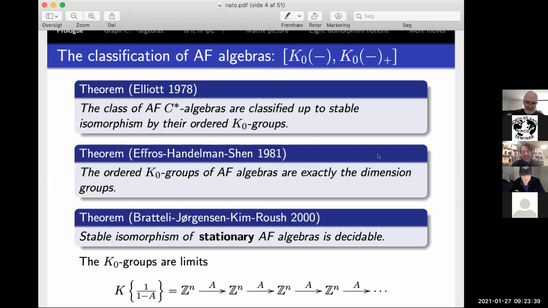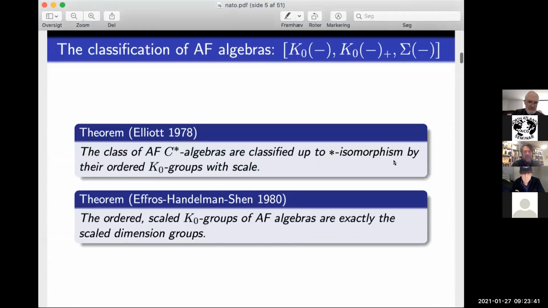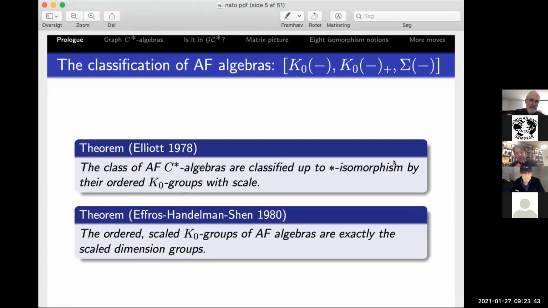Okay, great. So let me just point out that there's various ways that you can do classification of AF algebras. If you want them to be isomorphic, you need to throw in some more information, and usually that's done via the scale. That's just the collection of the elements in K0 that you get from the projections in the C-star algebra themselves. And actually, there's also a range result that shows that you can have any reasonable scale.